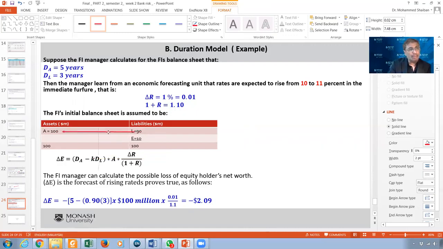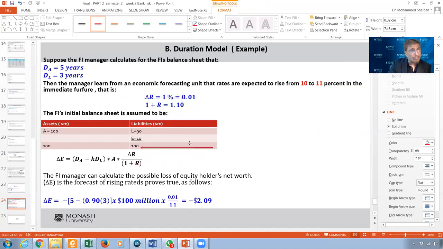So here, for example, I have the assets 100, the liability 90, which means the leverage is 90 over 100, okay? Which means liability over assets. So as you can see here now, duration of assets minus the leverage times the duration of liability, times the total assets, times the change of the interest rate over 1 plus the interest rate.